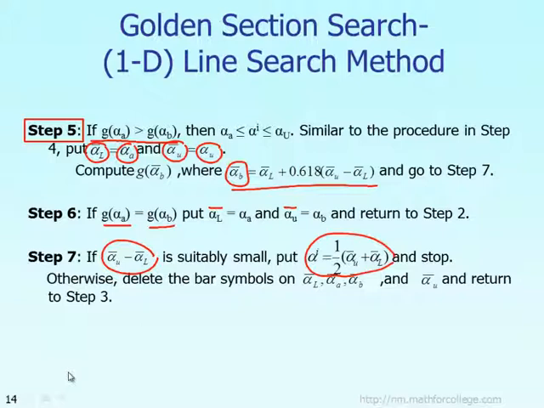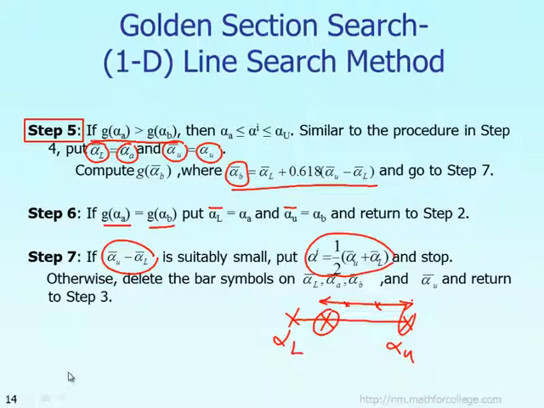So in other words, let me show you a very simple picture here. In the beginning, your interval is right here between the lower bound and upper bound. After the first iteration, maybe the new interval will be this. This will be the new lower bound, and the upper bound does not change. From this you insert again two points, X1, X2, or I call them alpha A, alpha B. But among those two points, one of them is already known.